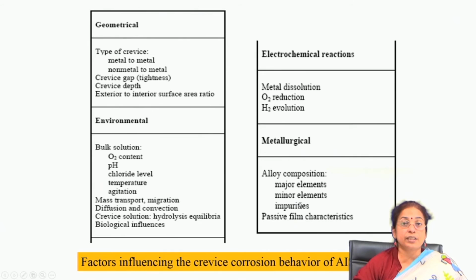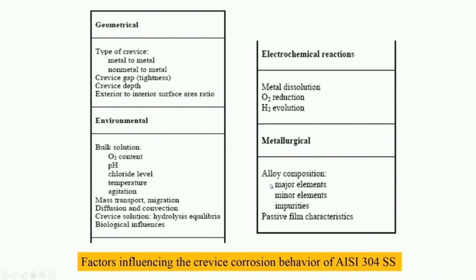For example, if you take the case of 304 stainless steel, you will find that it is more prone to crevice attack as compared to 316L or the 316 variety of stainless steel, which contains a little bit of molybdenum. When molybdenum is there in that particular alloy, the film is highly stable as compared to the chromic oxide film, which basically protects the surface.